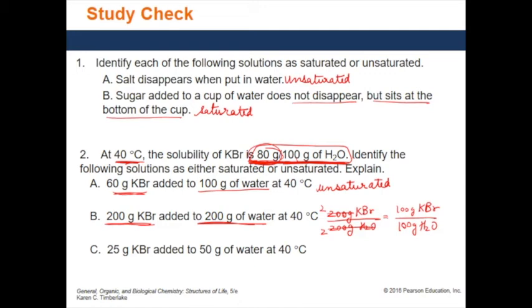So this solution is going to be a saturated solution. 80 grams of it will dissolve, the rest 20 grams extra is going to sit at the bottom.